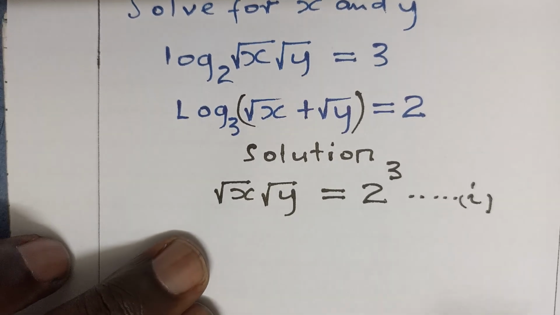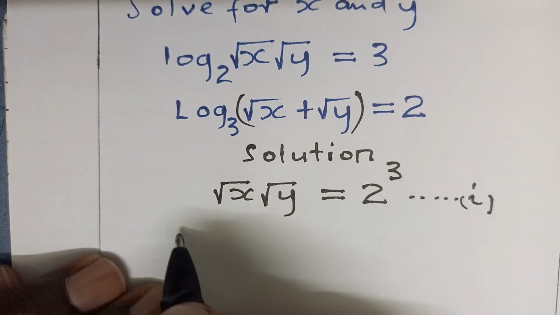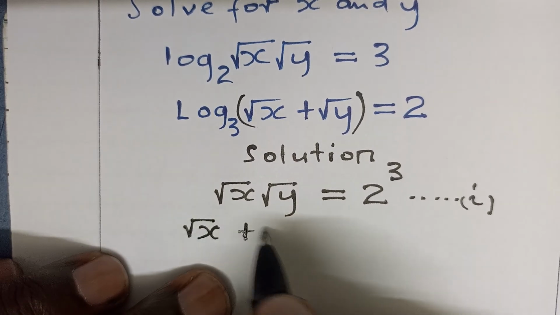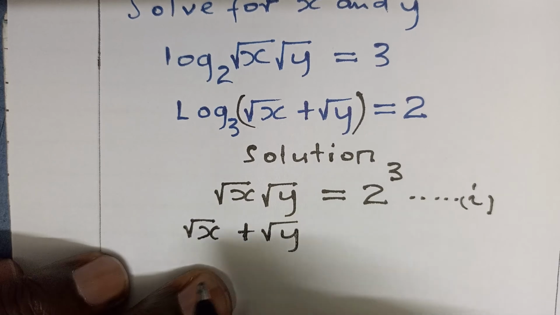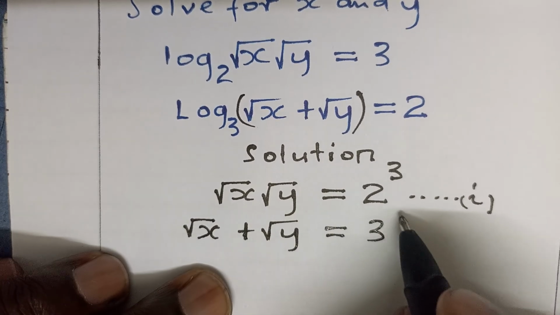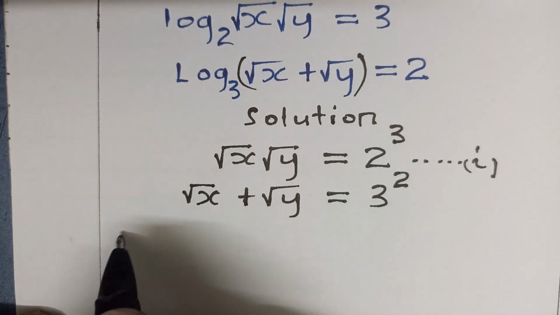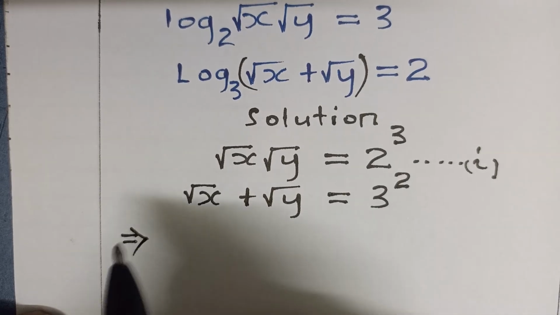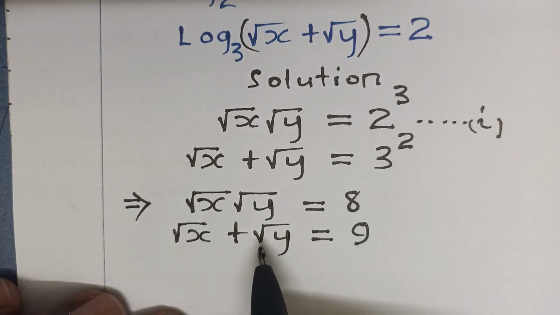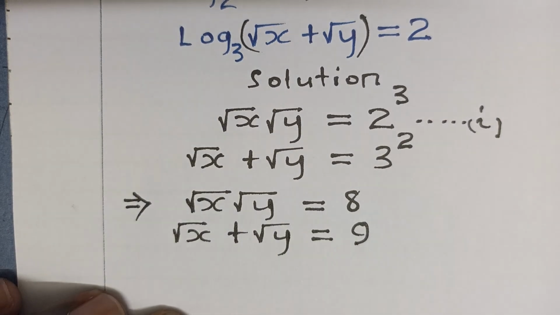Coming to the second equation, this comes to square root of x plus square root of y, which comes to 3 raised to 2. And so therefore, our equations are: 2 raised to 3 is 8, 3 raised to 2 is 9.